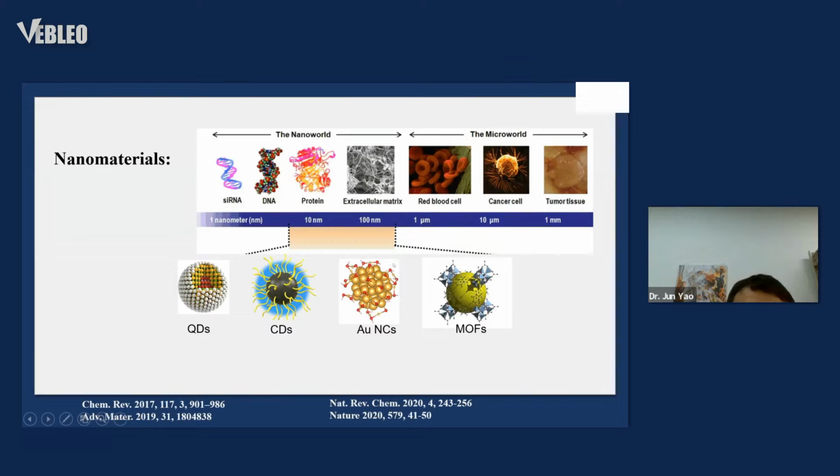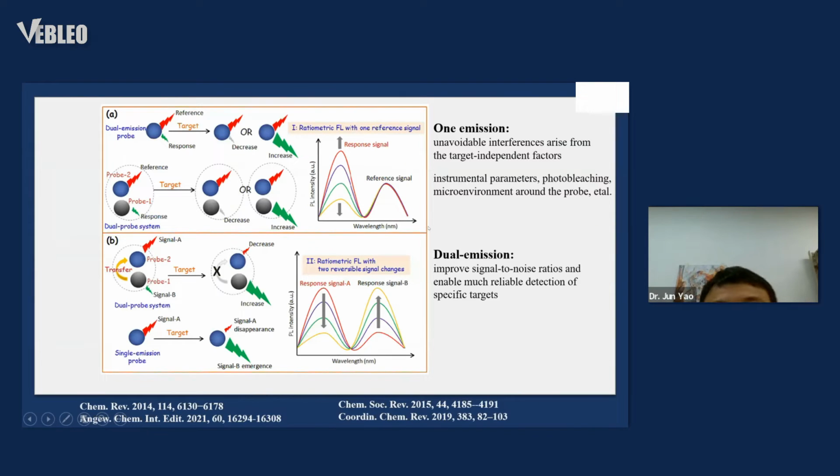Their sizes are from 10 to 1,000 nanometers. We introduce radiometric FR technology to significantly enhance the stability of the sensor.